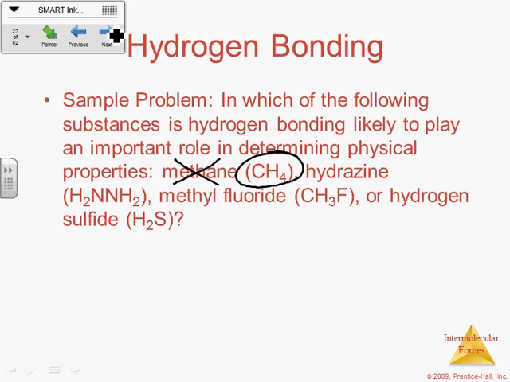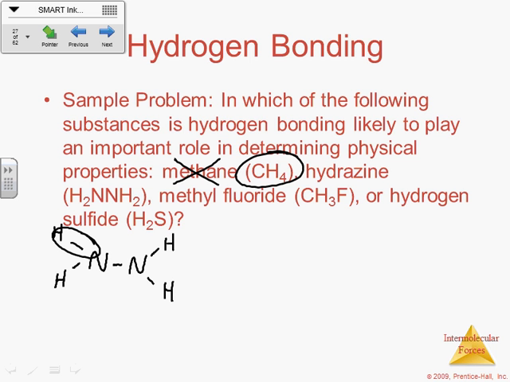Hydrazine, the way that they have this set up kind of clues us in that this is probably the arrangement. Well, let me make this symmetrical. This is probably the arrangement that we're talking about. Now again, that's not a complete Lewis structure, we'd have to figure that out. There's probably at least a double bond there on the nitrogen. I'm not too worried about that right now, because what I am noticing is that the hydrogen is attached to the nitrogen here.